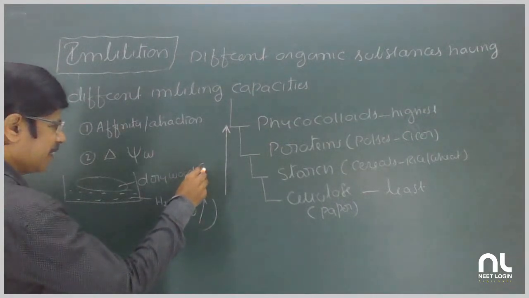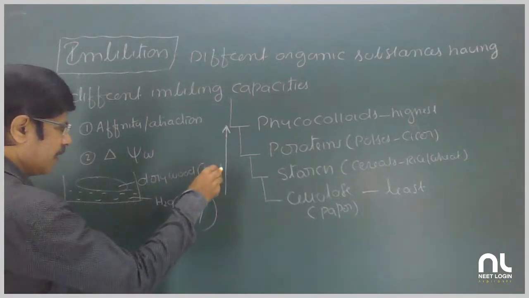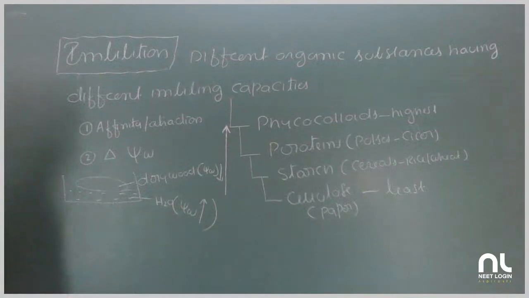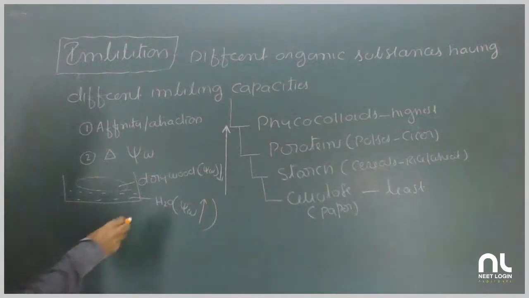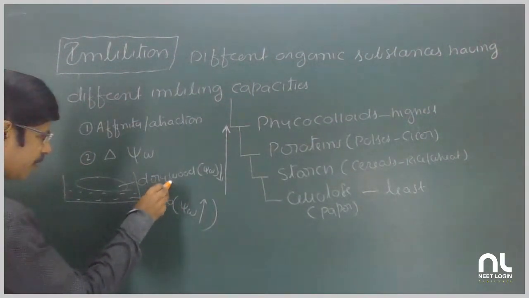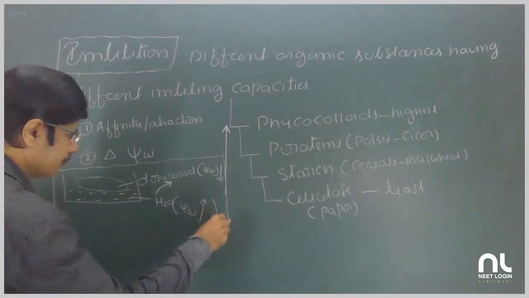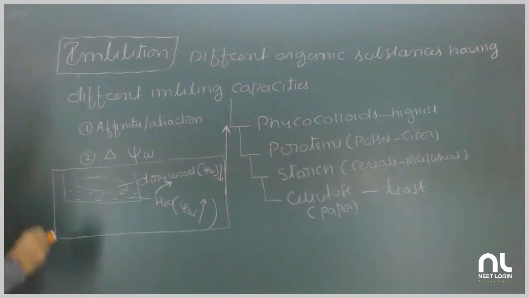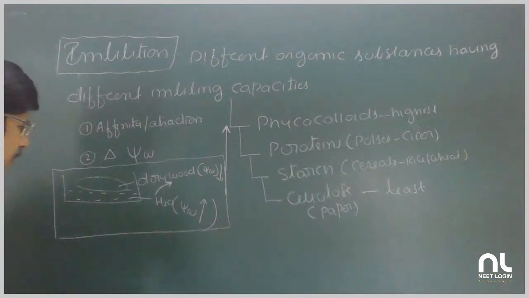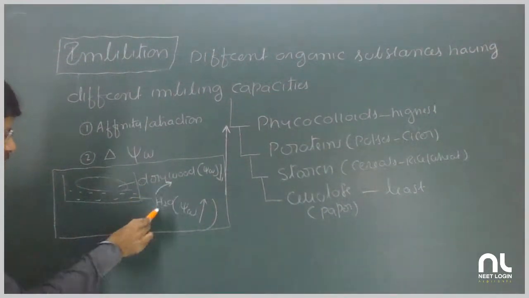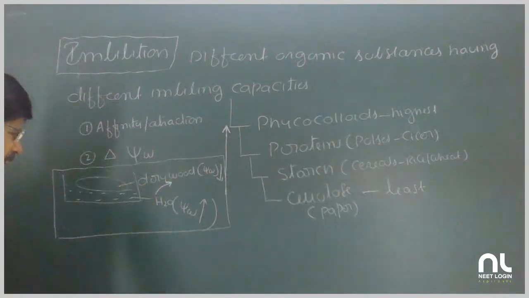Dry wood has low water potential. So a water potential gradient is established from water to dry wood. Are you getting this diagram explanation?